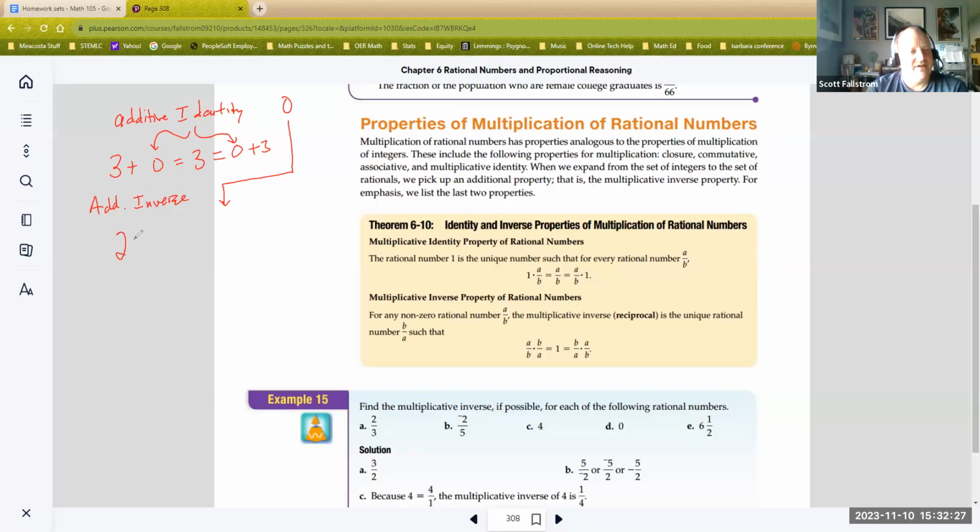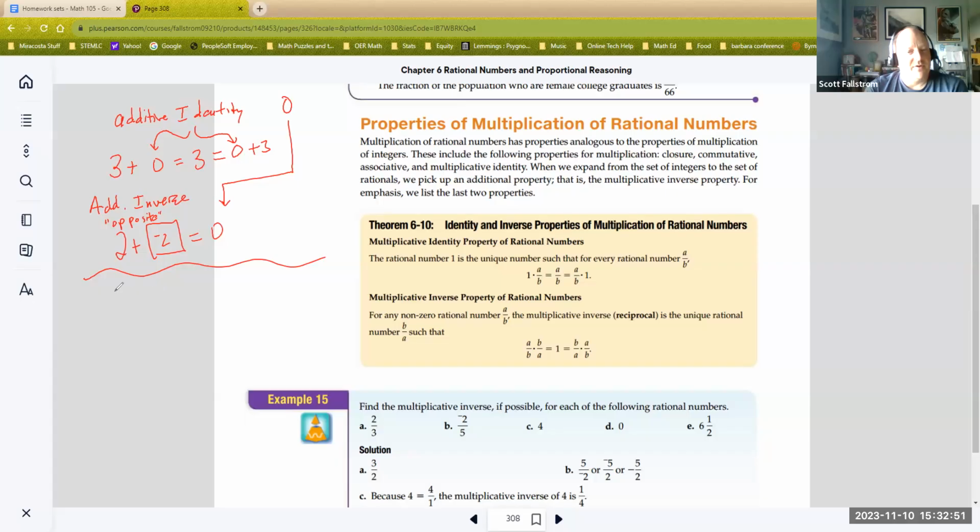And the additive inverse was a number that I would add to get back to my additive identity. In this case, to add to get back to 0. So if you had 2 plus the opposite of 2, sometimes additive inverse was the slang word, was like the opposite.